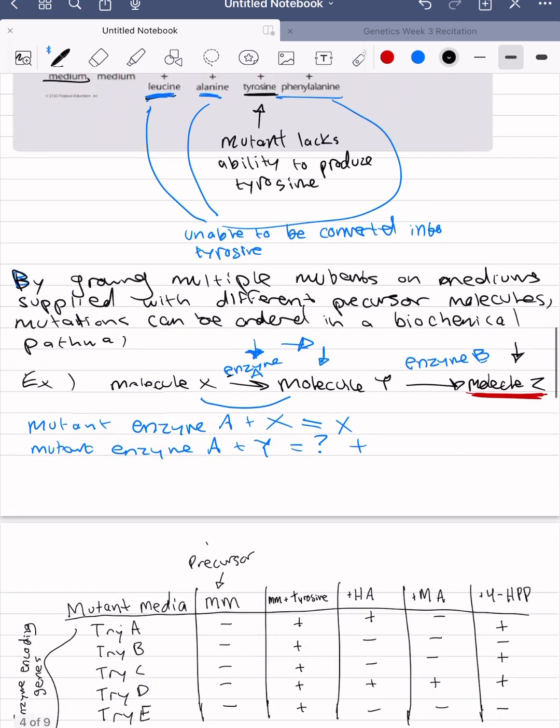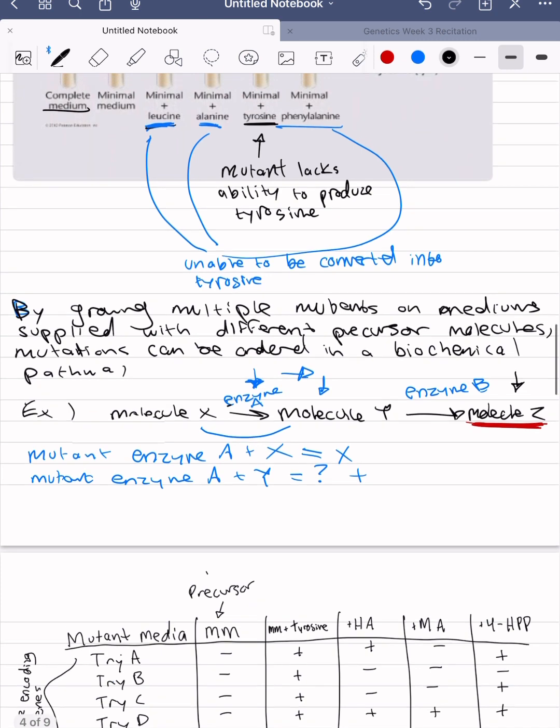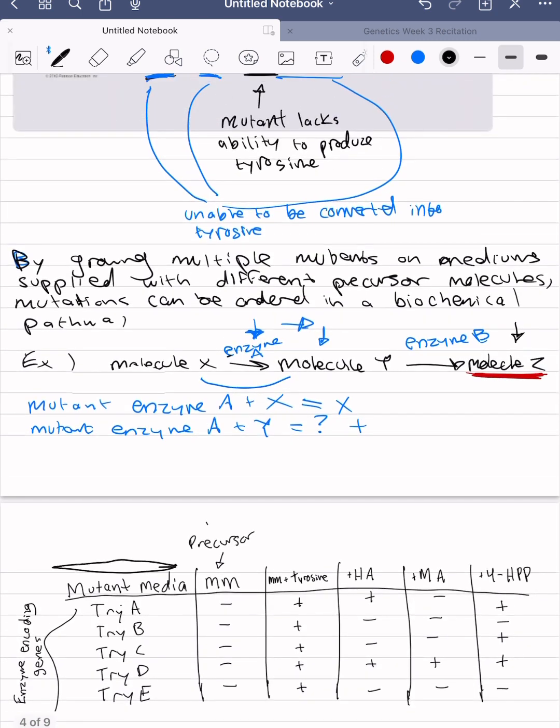Now here in this example, we have mutant media right here, and we have enzyme encoding genes right here. So these right here are all of the intermediates. These are intermediates in the pathway.